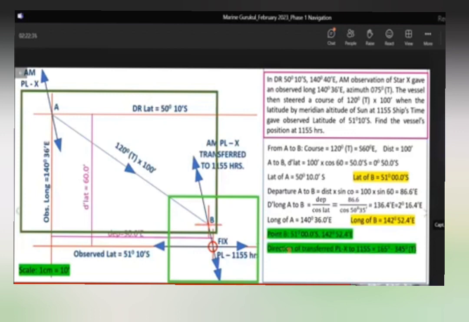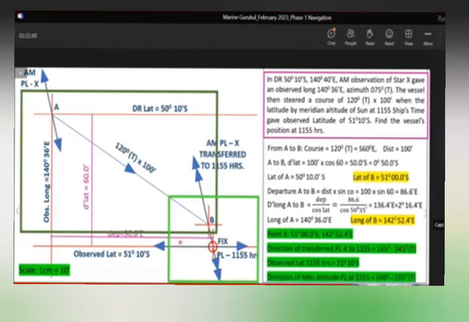We know the direction of the transferred PL, that has to be same as the morning PL, that is 165 to 345 degrees true. We know the second PL has to coincide with this parallel of latitude because its direction is east-west. So now we have two PLs, one drawn through this point B with the direction being 165 to 345, second one being drawn by latitude by meridian altitude method, direction being east-west.